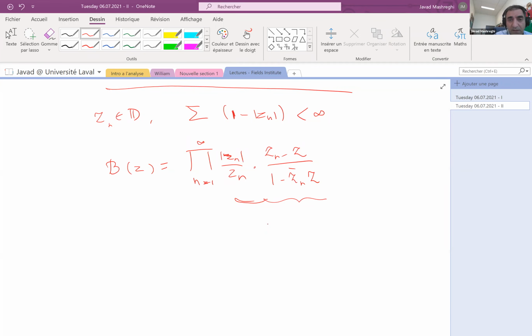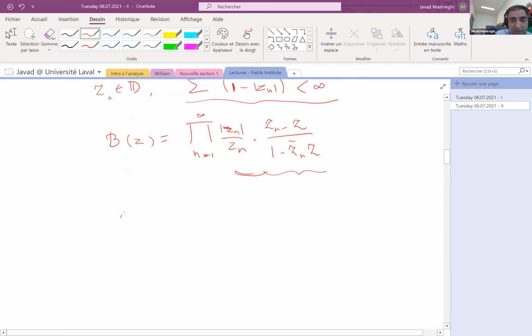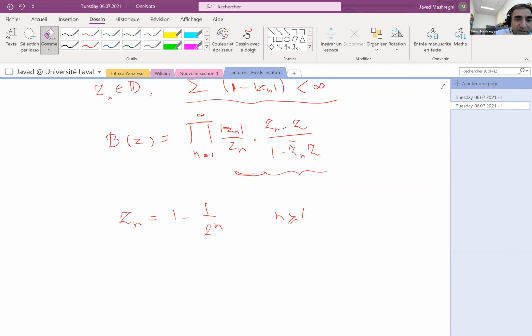difficult. You consider any positive sequence which satisfies this. For example, Zn equal to 1 minus 1 over 2n, n bigger than or equal to 1. It's better to write Rn equal to that.